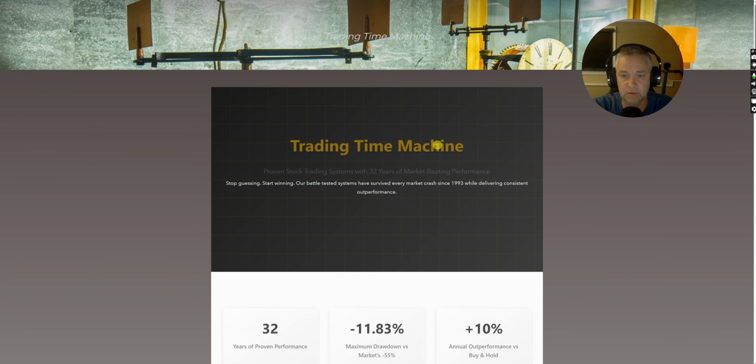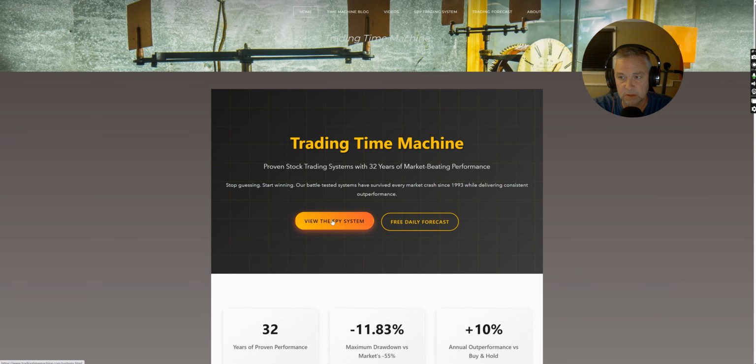The other thing on here is the View the SPY system. So very shortly I'm going to be, I have a system that trades the SPY, which is the S&P 500 tracking ETF, that is really good. In my own portfolio, and I have other people that have paid for the ability to access the system, I've traded that for many years.